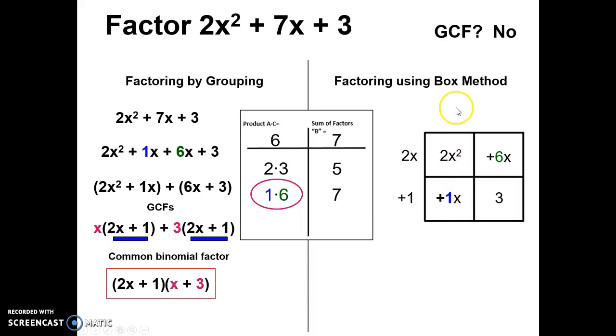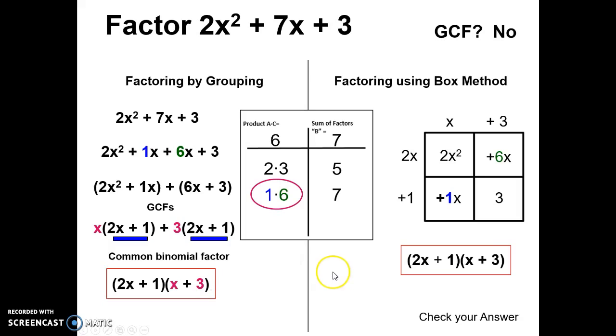GCF in this column is x. GCF in this column is 3. It's a plus 3 because the adjacent box is a positive. The adjacent box is a positive here. So your two factors are 2x plus 1 and x plus 3, which is just what we got over here. Okay?